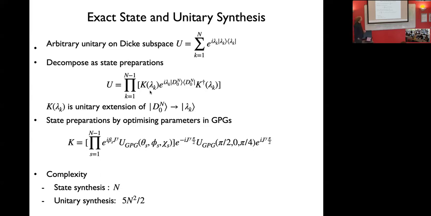So this is just another way to write the spectral decomposition of U, but I've written it in terms of products of state mappings and phasings.